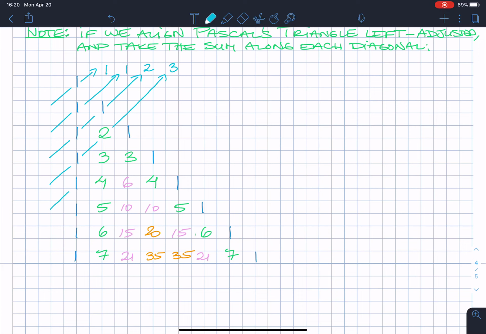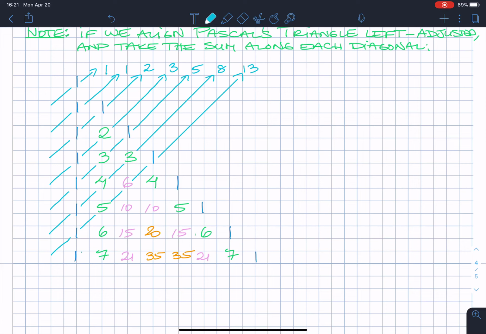This diagonal has 3 entries, 1 plus 3 plus 1 is 5. This diagonal has 3 entries, 1 plus 4 plus 3 is 8. This diagonal has 4 entries, so 1 plus 5 is 6, plus 6 is 12, plus 1 is 13.